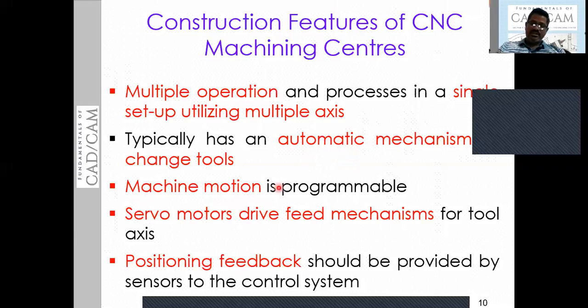Then the machine motion is programmable. Of course, in a CNC machine, the movements of the tool are according to the program that we feed into the computer. The signal comes from the machine control unit, according to the program fed in the computer, and the machine control unit transforms it into a signal understandable by the machine tool.